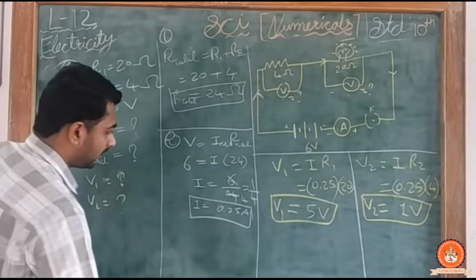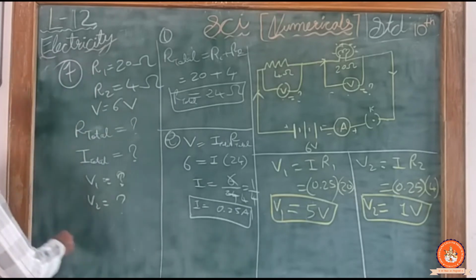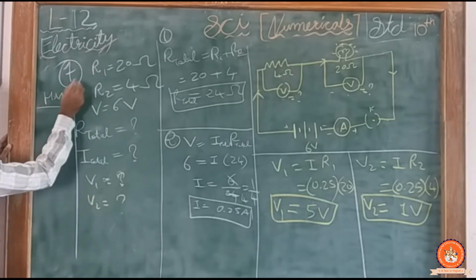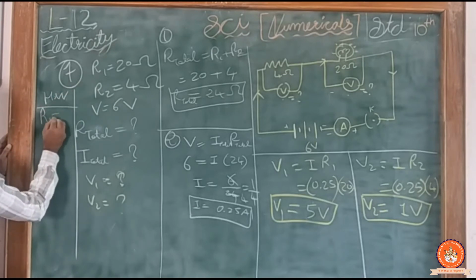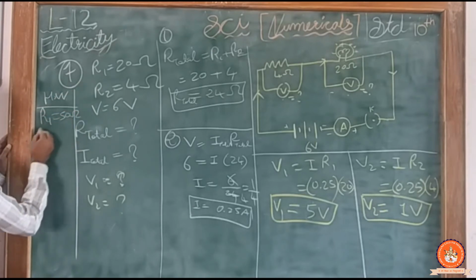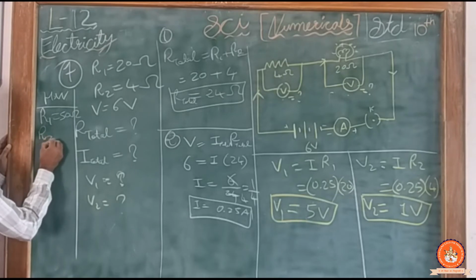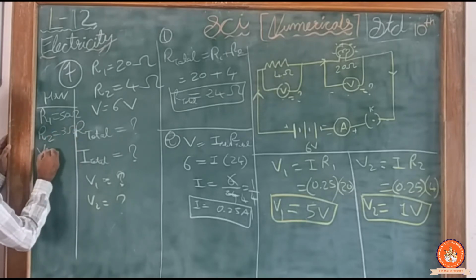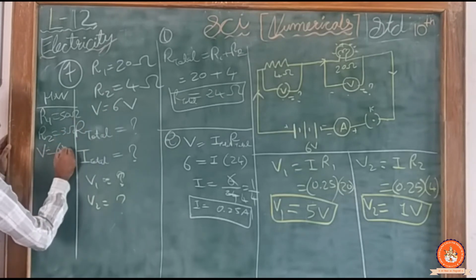Now in your homework, I am writing your homework here. For this you take R1 is equal to 50 ohm, R2 is equal to 3 ohm. Clear? V is 6 volt only.